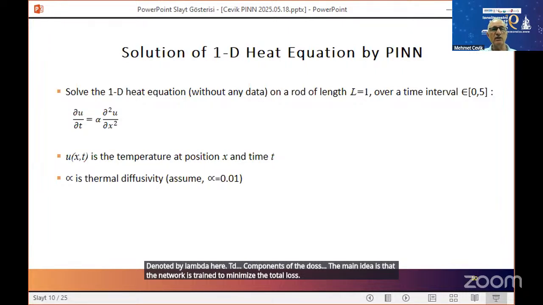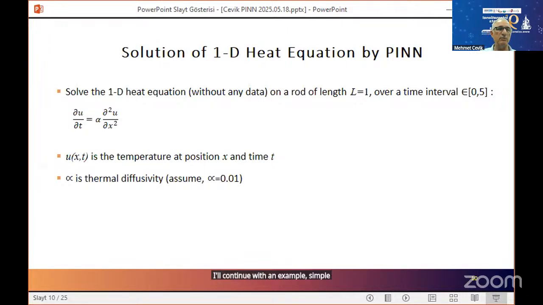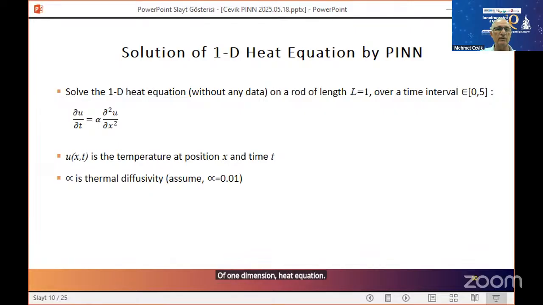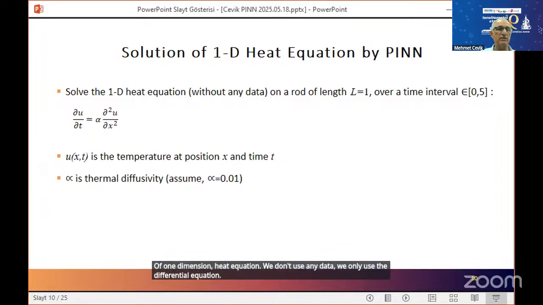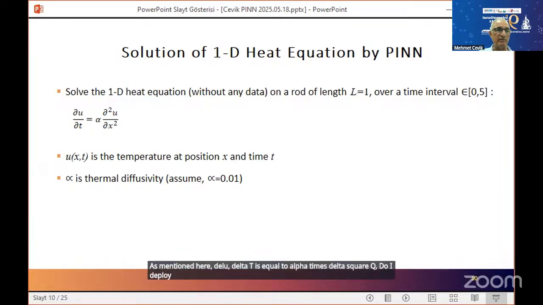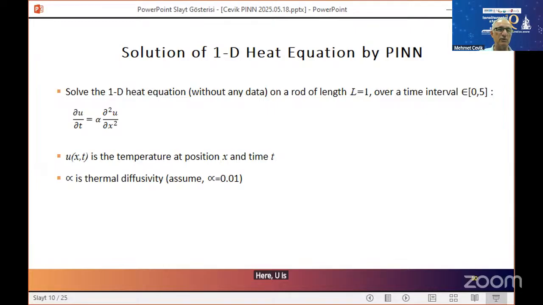I continue with a simple example problem. This is a simple differential equation, the one-dimensional heat equation. We don't use any data. We only use the differential equation. As mentioned here, ∂u/∂t is equal to alpha times ∂²u/∂x². Here u is the temperature at position x and time t.